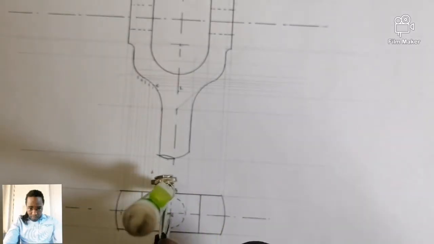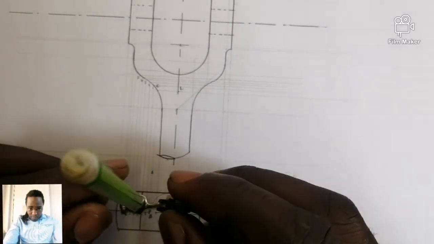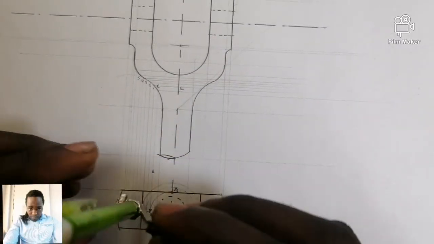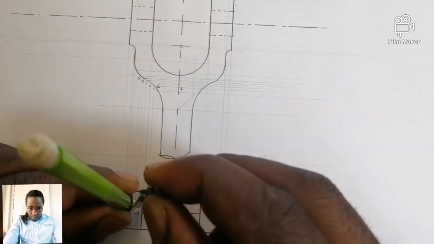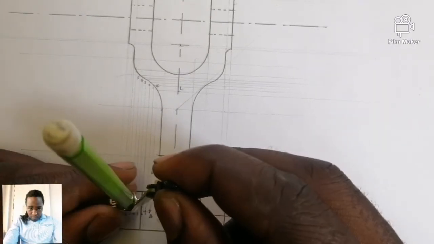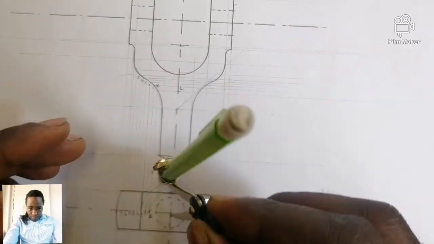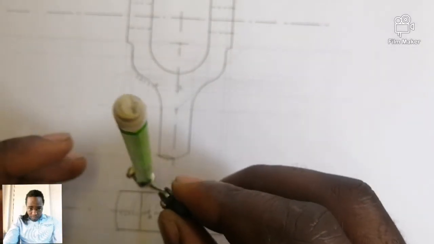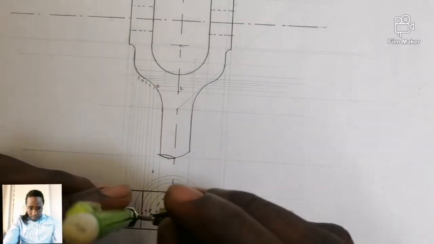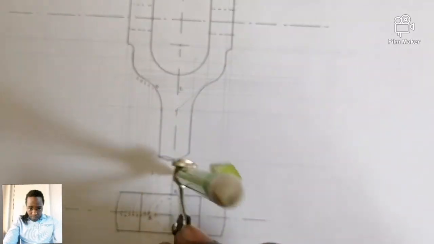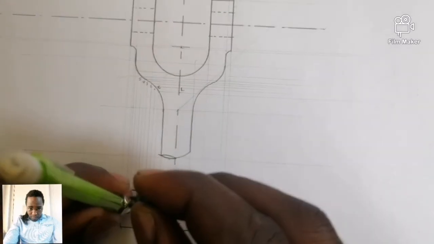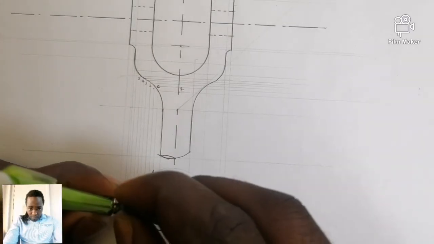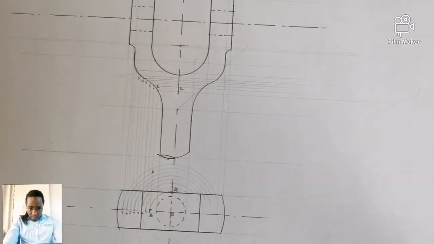Strike the arc that will behave like this, and point 2, point 3, point 4, point 5, point 6, actually 6 and 7, they are out.